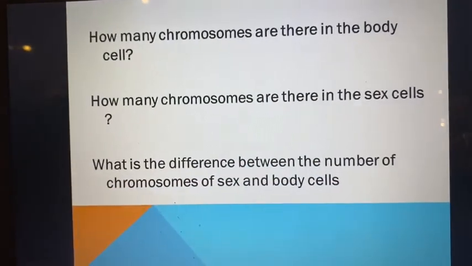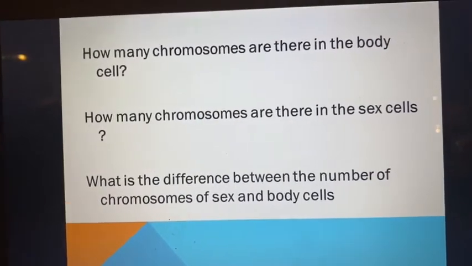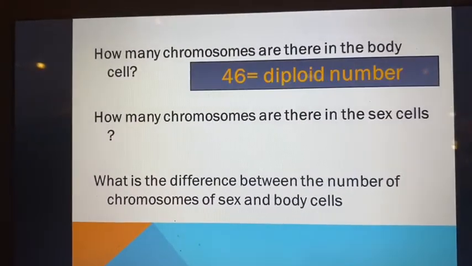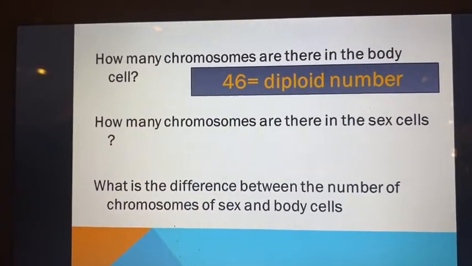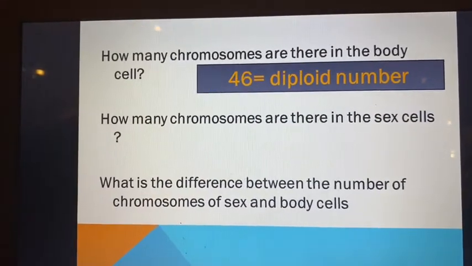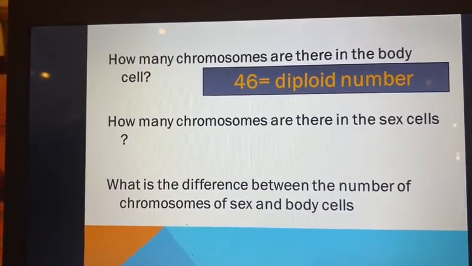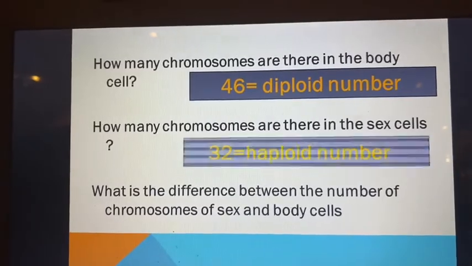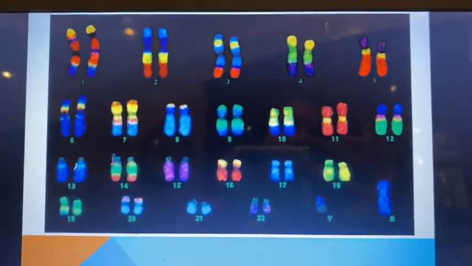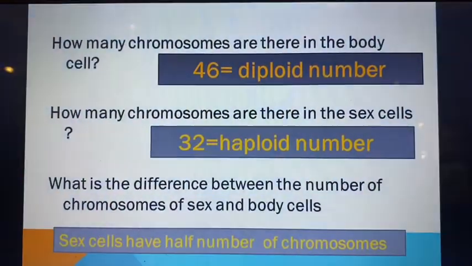Now, how many chromosomes are there in the body? There are 46 chromosomes, or in other words, we say they have 23 pairs, as in this picture. They are paired.